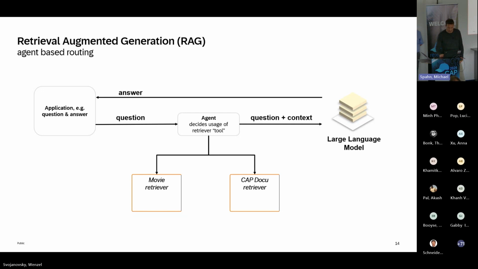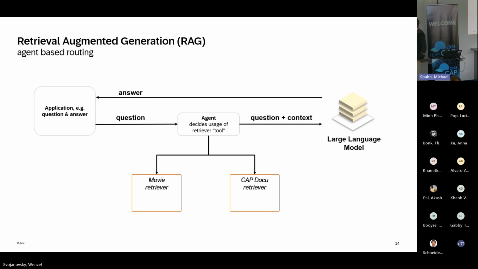Now, one technique I also would like to pitch very quickly. We have seen movies and the CAP documentation. So what if you have a Q&A application that lets the user tap into one or the other? How do you decide which vector database or which table to use to pull the context?